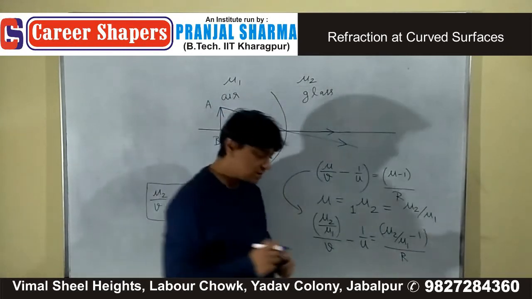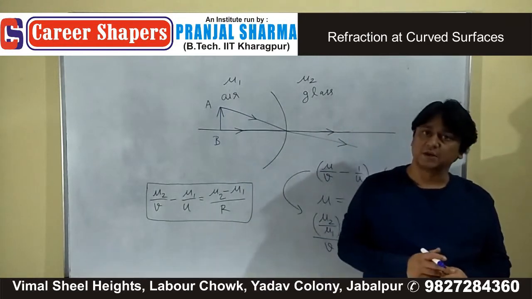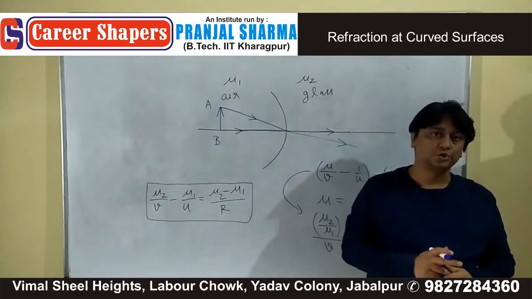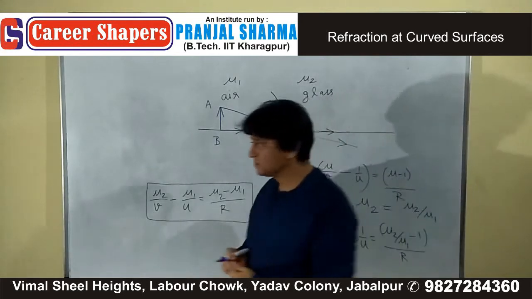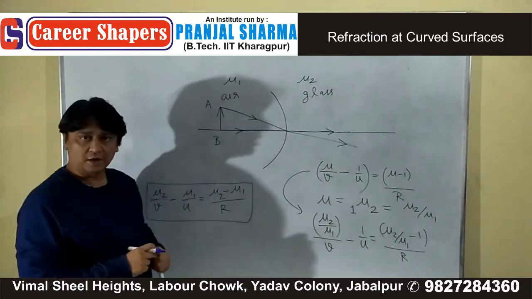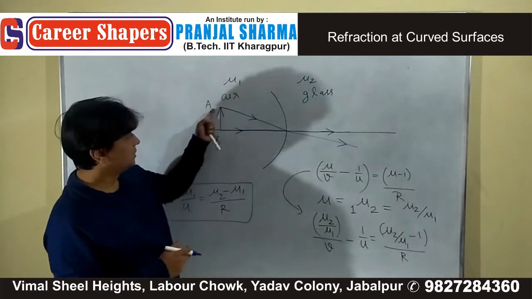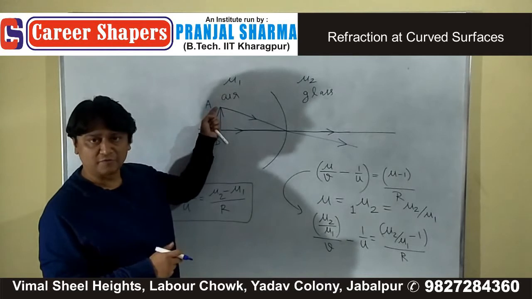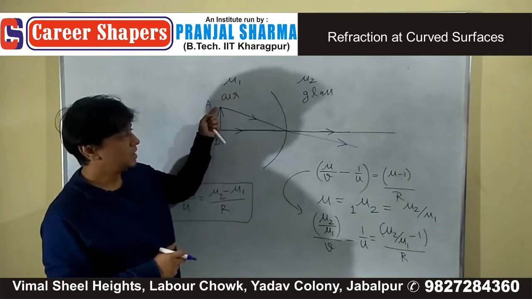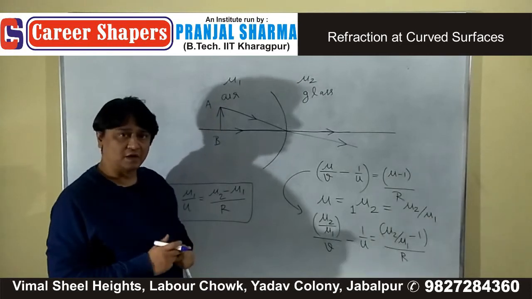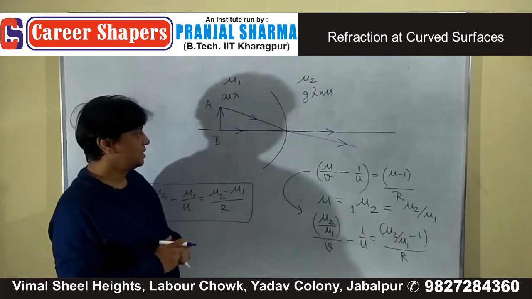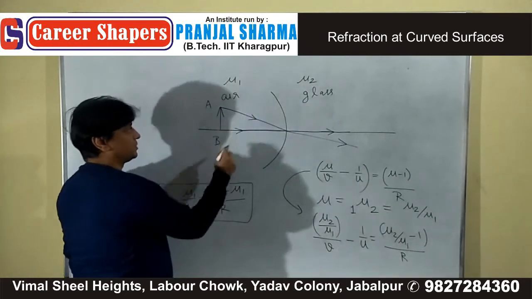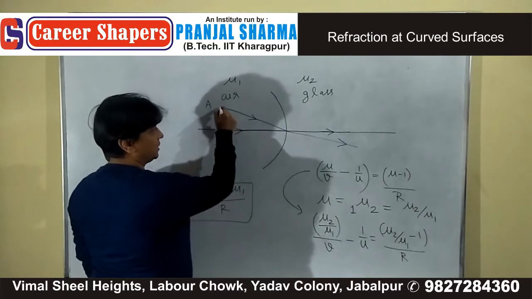When we say that the intersection of two refracted rays gives you the image, they both should start from the same point. That means you will have to take a second ray from A, find its refraction, and then once you get the refracted ray, you will find the position of the image of A.